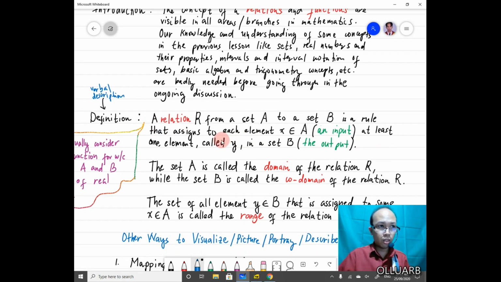Okay, it is like if you have a set A here, it has many elements, and then each object there, just imagine that it is mapped to at least one element in the set B. At least one, meaning to say, if for example in a real situation, the set A are judges and the set B are contestants in a pageant.